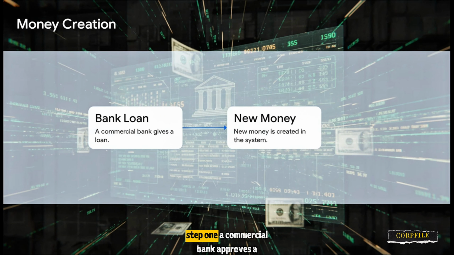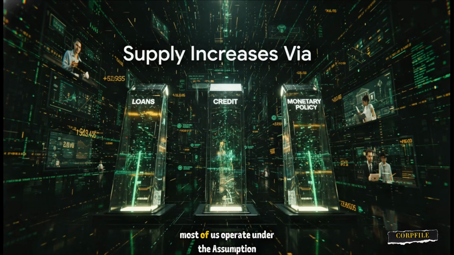Step 1, a commercial bank approves a loan. Step 2, new money is created in the system. When a bank issues a loan, they aren't just going into a backroom vault and handing you someone else's stored savings. No, that new money is literally created out of thin air, the very moment you sign the paperwork. Most of us operate under the assumption that the amount of money in the world is strictly limited, but it isn't.